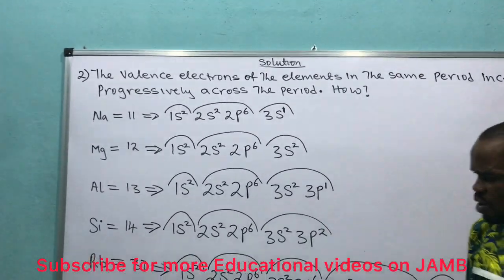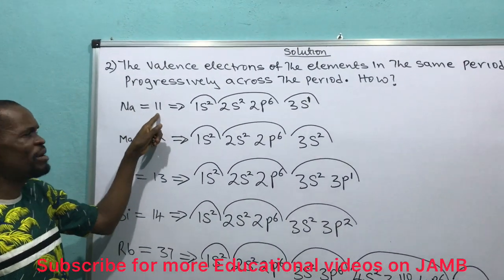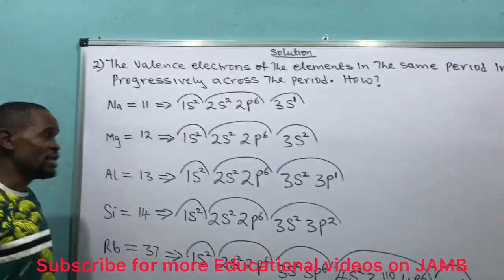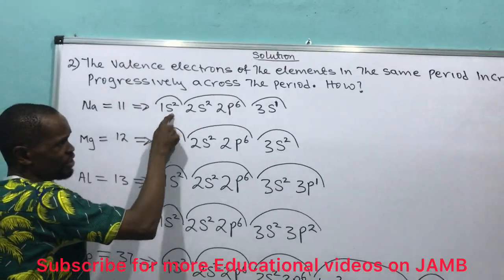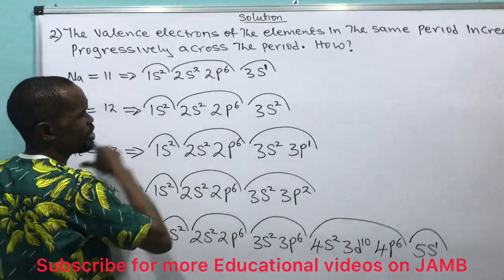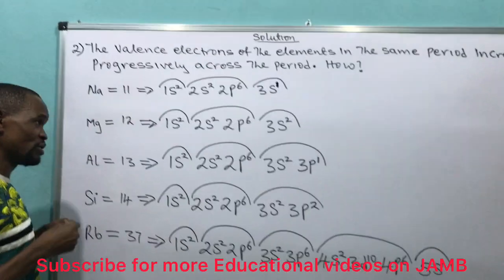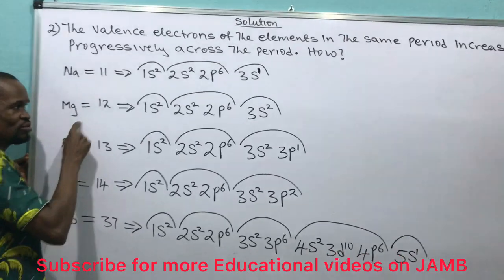How? Now, look at sodium. Sodium has an atomic number of 11. Taking the electronic configuration of sodium, you see the first period, the second period, and the third period, and look at the electron in the third period: 1. Then there is magnesium, 12.